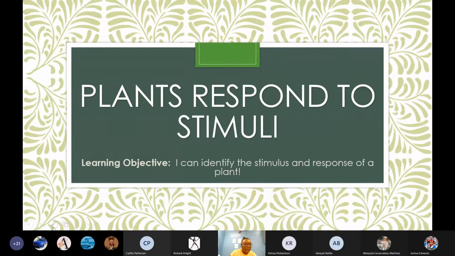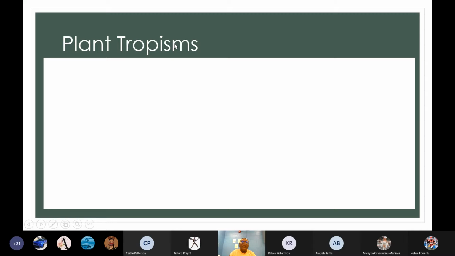So what we're going to be talking about today is plant tropisms. Please write this in your notes. In our notes, we've got to know what in the world that word tropism means. So let's write down that question.